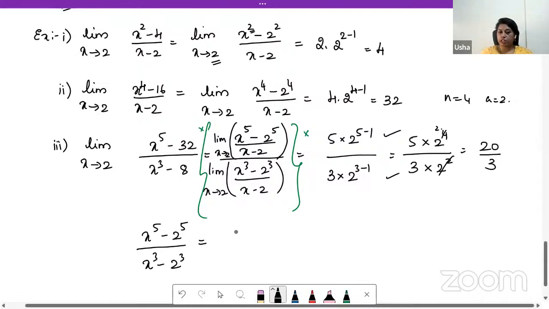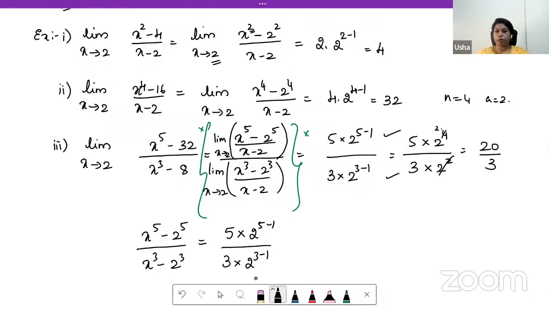So for this, n is 5 into a power n minus 1, and here n is 3 into a power n minus 1. Just do it carefully. With respect to n and a, you have multiple n's and a's here in the numerator and denominator. Just do it carefully. Did everybody understand this particular example?